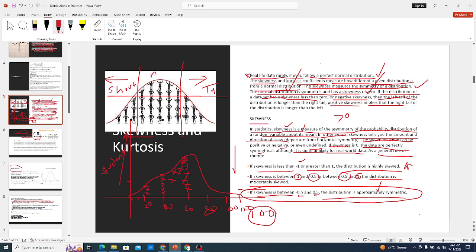Then we have the majority of students here. So along the x-axis, you might put the height. For example, we have a specific height.